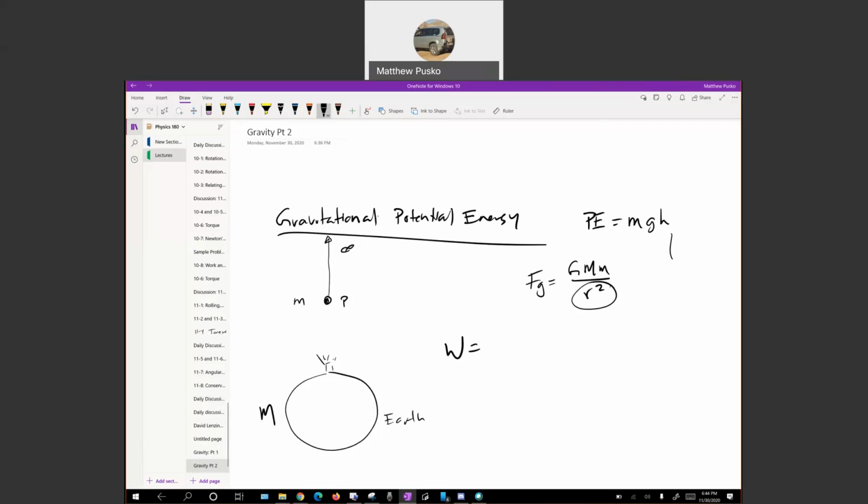If you remember, our definition is equal to our force, which is a function of r, dotted into dr, the displacement. And we'd be looking at from some distance r, so that'd be our lower limit, to infinity.